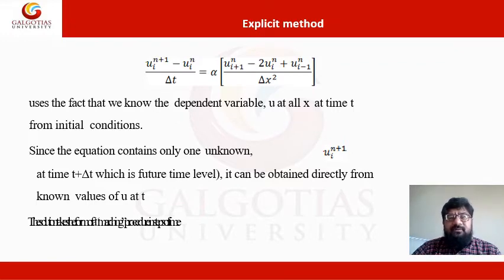In a similar manner, we can calculate the value of u_i at different time levels. This method of solving is called a marching procedure. We march in one direction and calculate the quantities from the known variables.